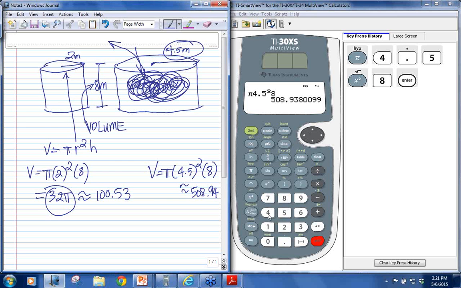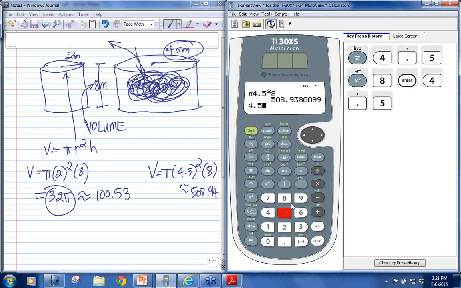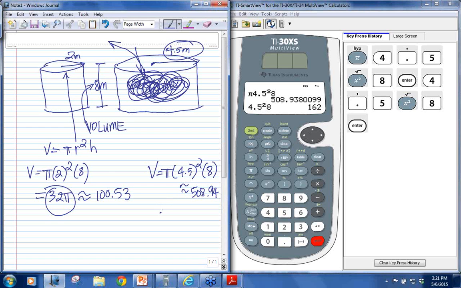I can just hit 4.5, you square it, and then you can just press times 8, and then you're going to get 162, and then you can just write 162 pi if you want the exact value. Let me clarify that that's a 2.